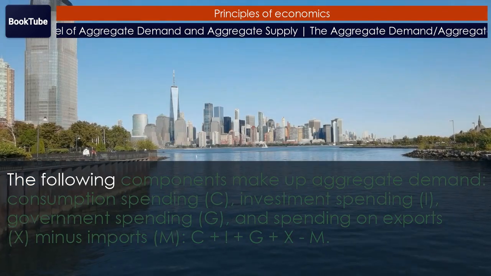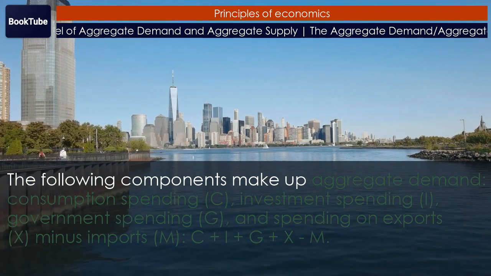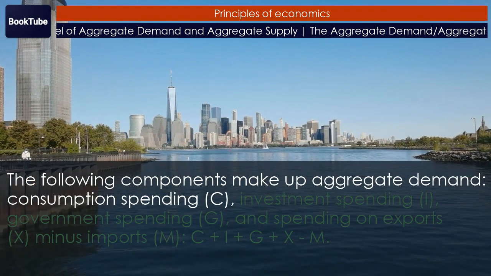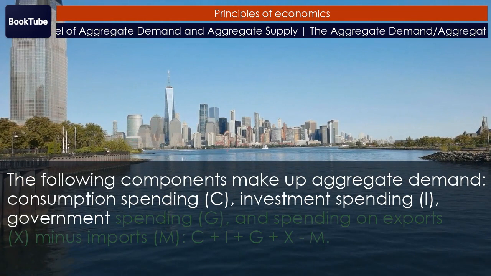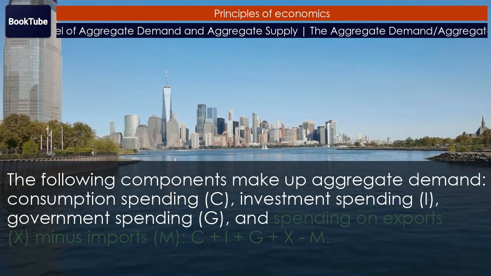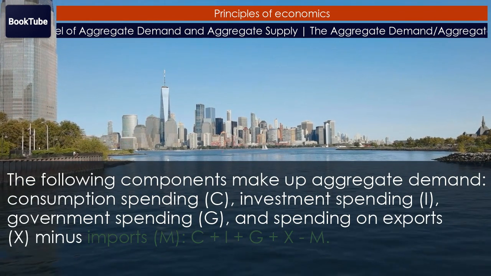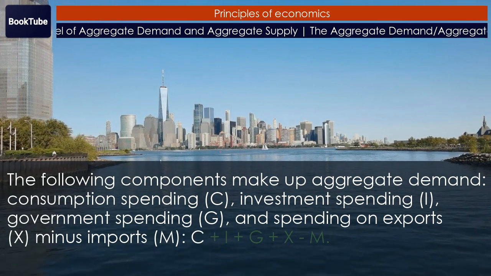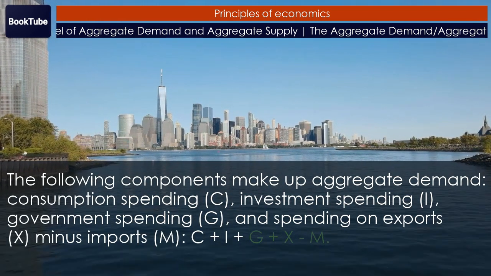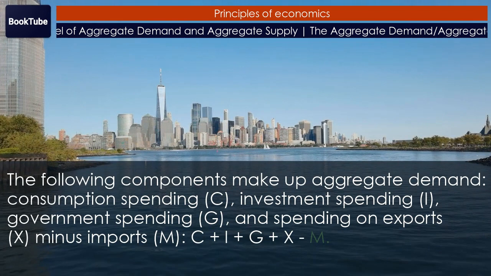The following components make up aggregate demand: consumption spending, C, investment spending, I, government spending, G, and spending on exports, X, minus imports, M: C plus I plus G plus X minus M.